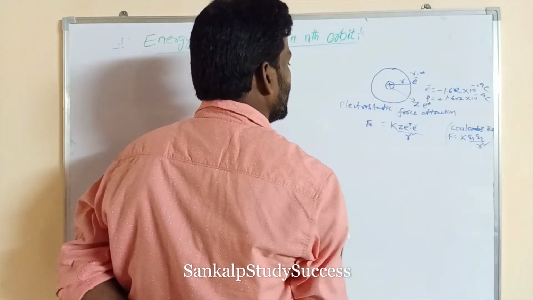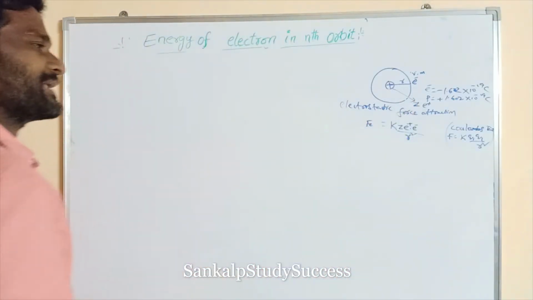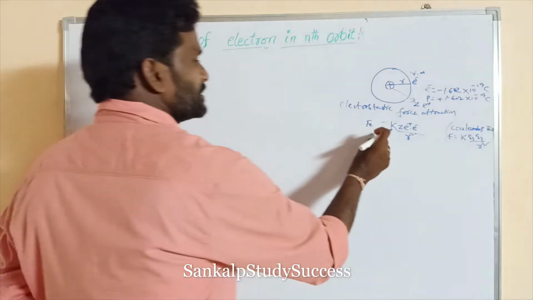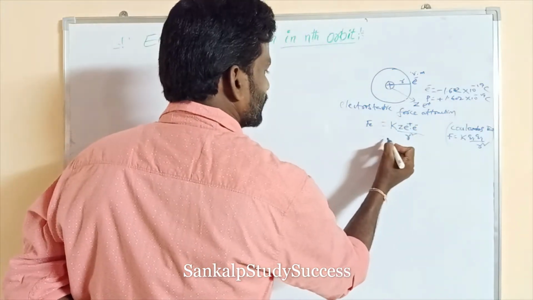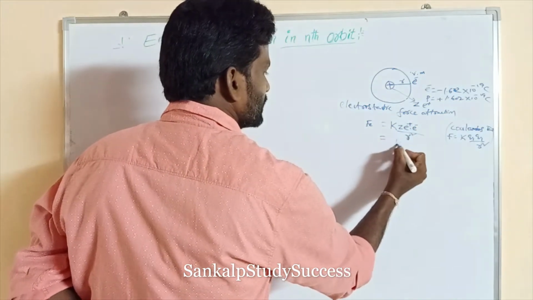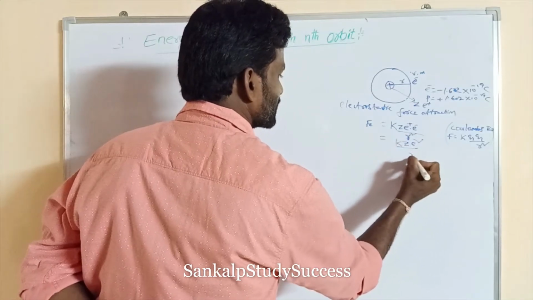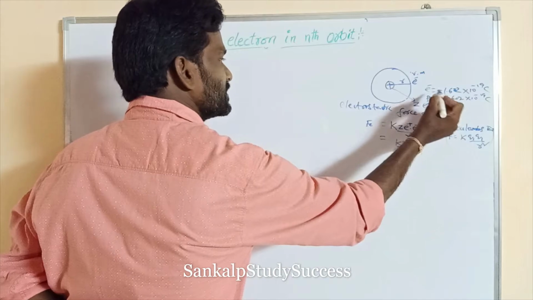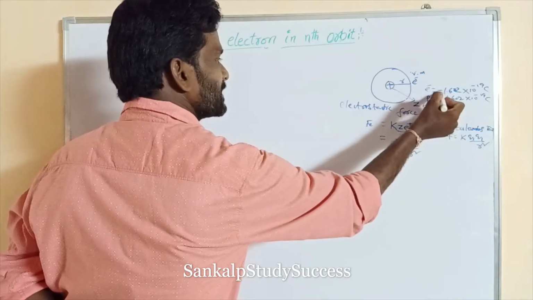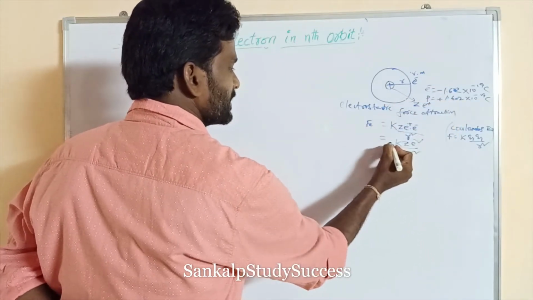So this is the electrostatic force of attraction: Fe is equal to K into Ze into e by r square, with the charges having opposite signs, plus into minus.